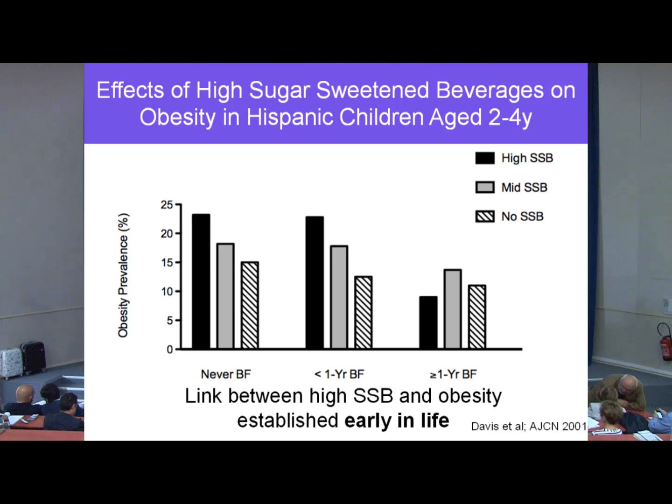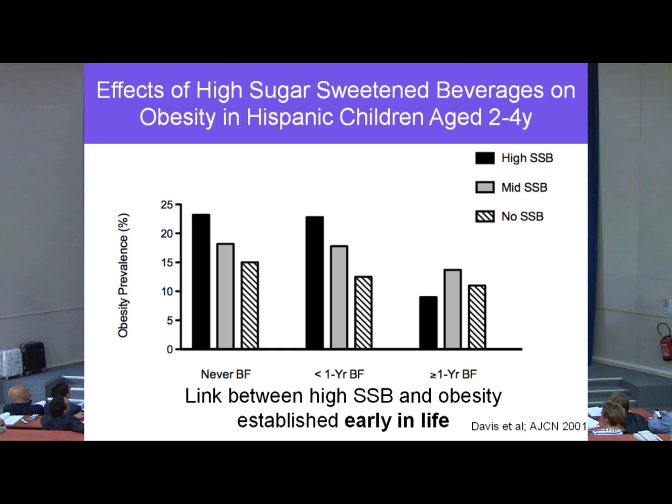So among children who were never breastfed, you can see a very strong effect of consuming sugar-sweetened beverages at age 2 to 4 years of age. Almost 25% of these children are already obese, as defined by a body mass index above the 95th percentile. And you can see a very striking protection from obesity in those children who never consumed sugar-sweetened beverages.